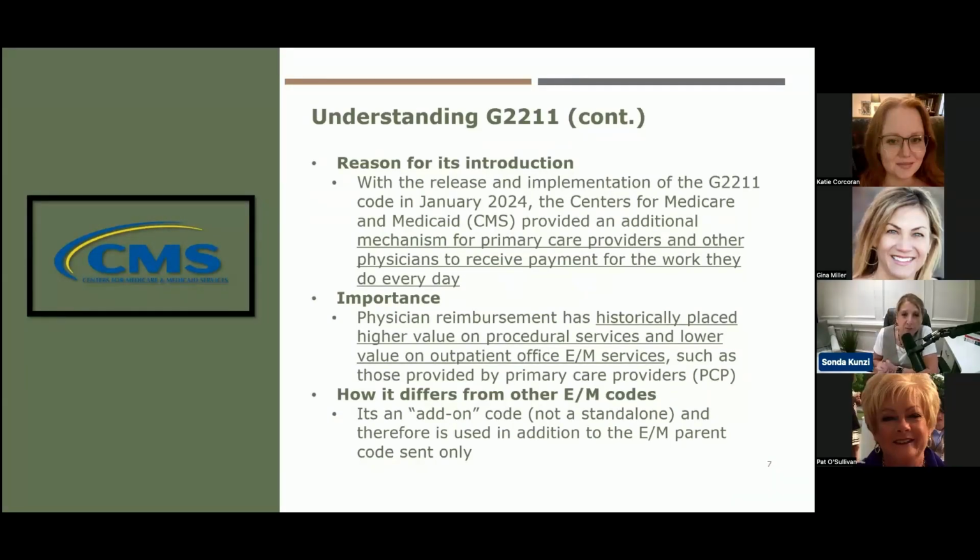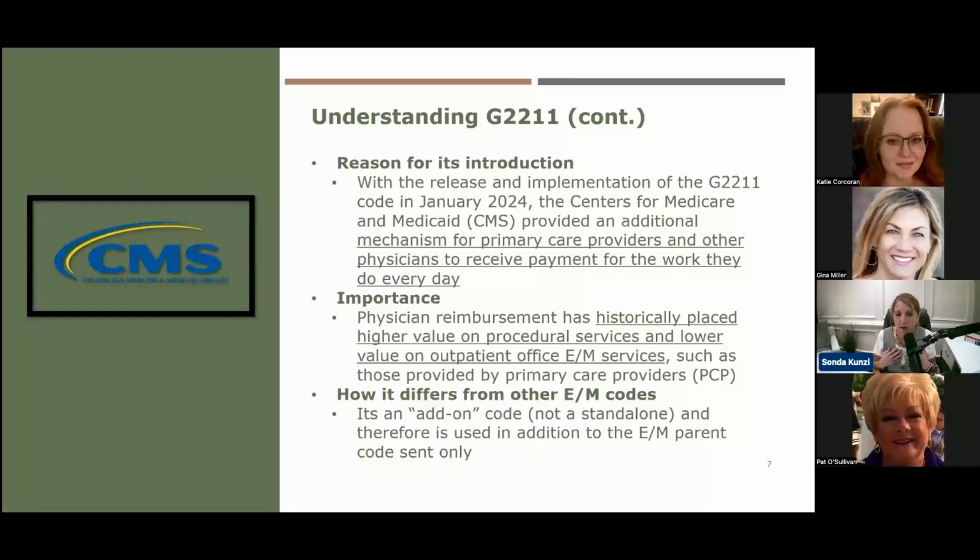Physician reimbursement historically placed a higher value on procedures. So again, what we're talking about there is that when we see value in terms of the Medicare fee schedule, where we see the dollar value going up, a lot of times for surgical procedures, the value will continue to go up.